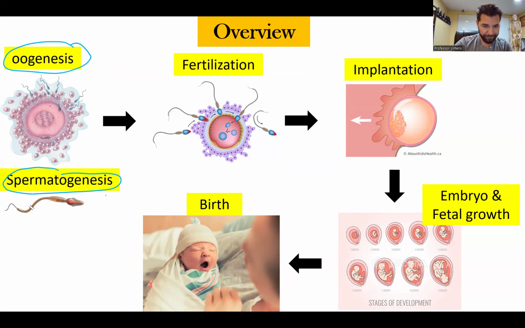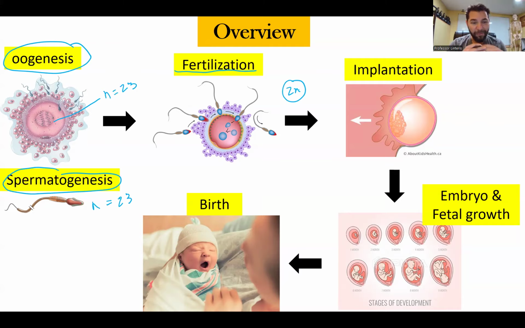So if you make a sperm and it has one N or 23, and you make an egg that is one N or 23, upon fertilization, we will form one cell that is 2N, right? Obviously, the sperm fuses with the egg. We call this process fertilization, and we'll dive into some detail with that probably in the next lecture.